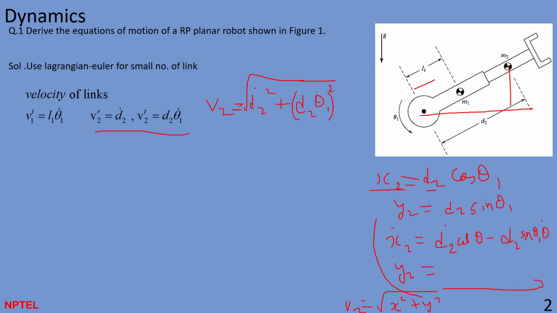Basically, this is the tangential velocity, d2 theta 1 dot, and this is the radial velocity, d2 dot.